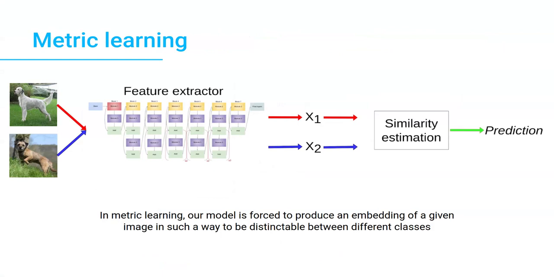So having a pre-calculated database of such embeddings, we can extract an embedding from one input image, find the similar image from our database, and predict the label of the input image based on a label from our database.